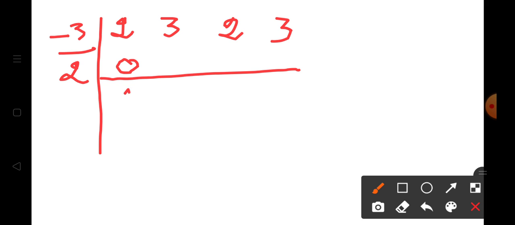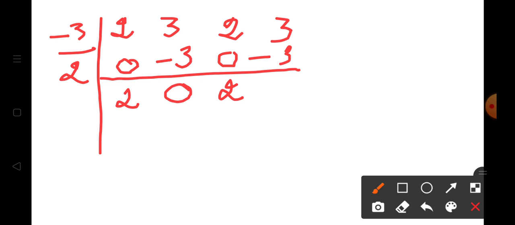Then adding these two numbers we get 2. Then 2 into minus 3 by 2, that is, 2 cancel, minus 3. Now we add these two numbers we get 0. Next 0 into minus 3 by 2 is 0. Now 2 plus 0, 2. Now 2 into minus 3 by 2, minus 3. So minus 3 plus 3 cancelled. The remainder is 0.